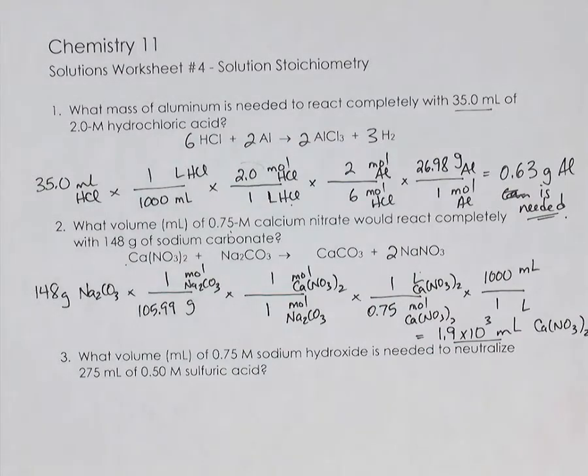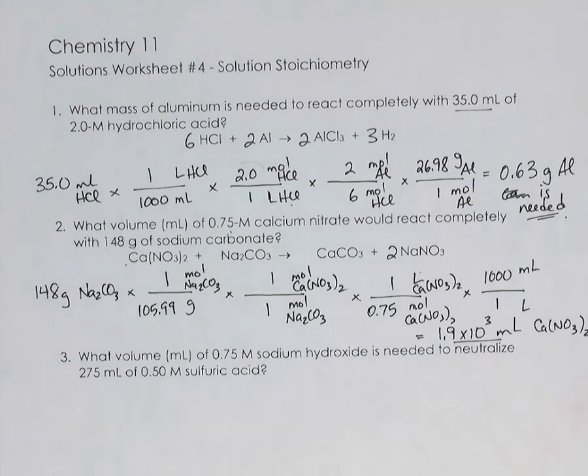The third example is getting a little bit more complicated because now instead of a mass and a concentration, we're given 2 solutions. One of the solutions we know its volume: 275 milliliters of 0.5 molar sulfuric acid.